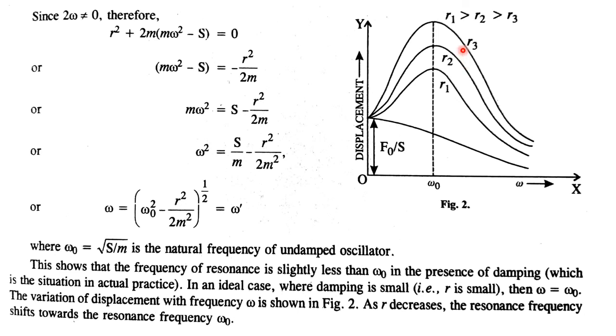As we keep on decreasing the damping constant, our oscillator will start oscillating closer to the value of natural frequency. That means as the value of R decreases, our oscillator tries to become an ideal oscillator, which oscillates with the natural frequency.